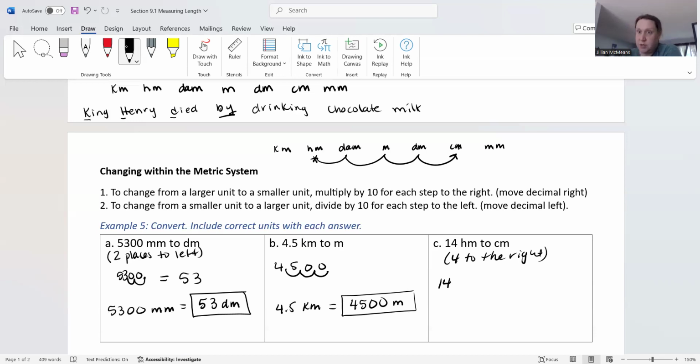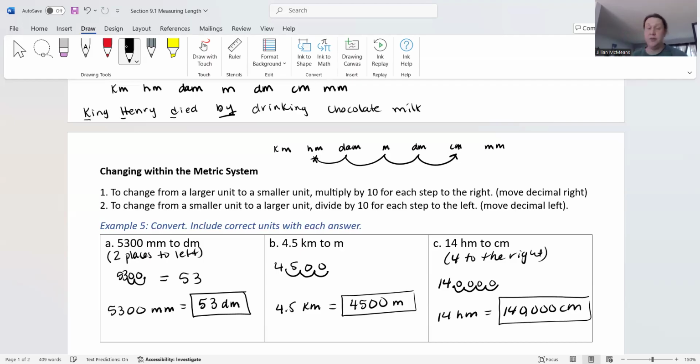So we just have 14, so assume it's 14.0. And we want to move our decimal 1, 2, 3, 4. Each time I move my decimal past the end of the number, I fill in a 0. So I could say that 14 hectometers is equal to 140,000 centimeters. And that's it.